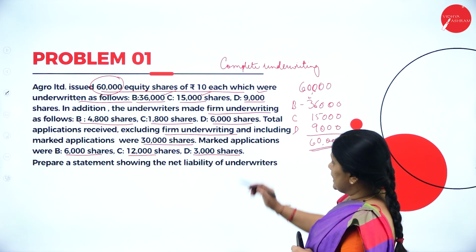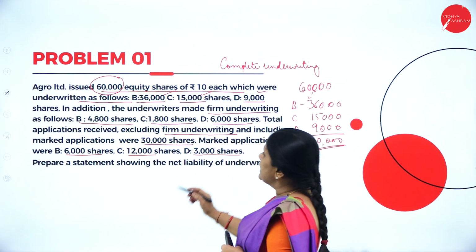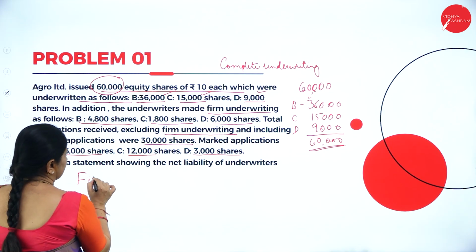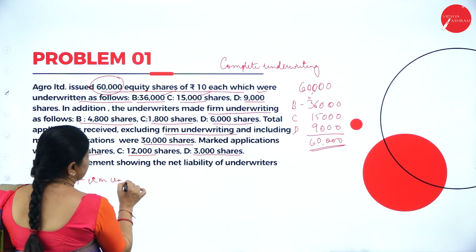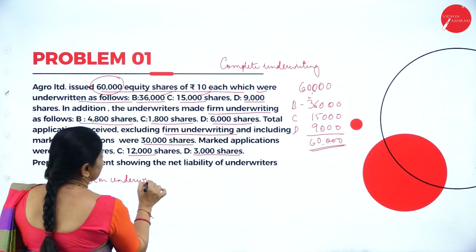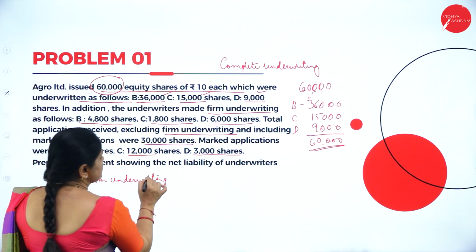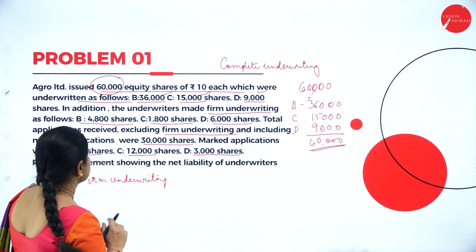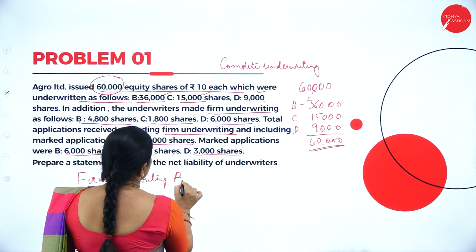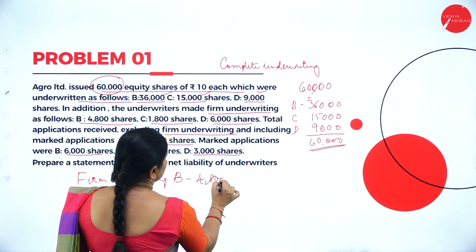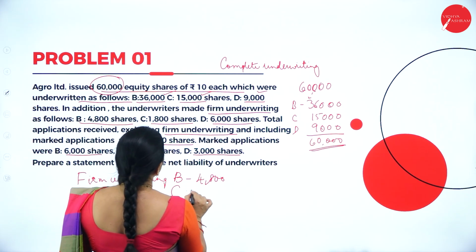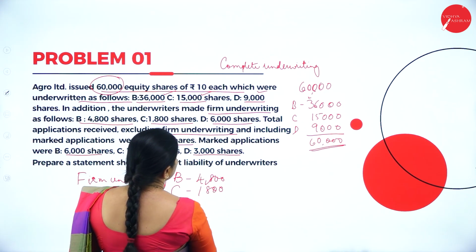Then, in addition, the underwriters made firm underwriting. Now, what is this firm underwriting? In firm underwriting, the underwriters agree to take up a fixed number of shares. B has agreed to take up 4,800 shares. C has agreed to take up 1,800 shares.